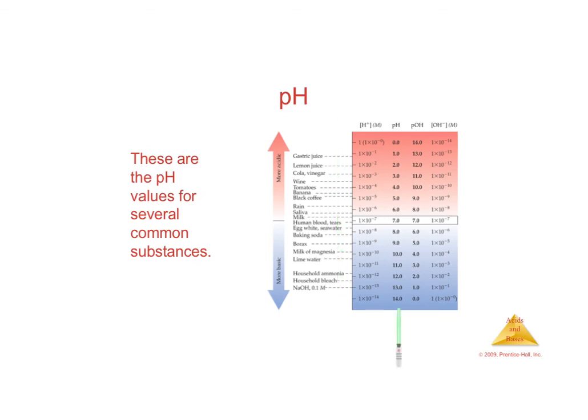And the relationship between pH and pOH, right? pH plus pOH equals 14. As pH goes down, pOH goes up. As pOH goes down, pH goes up, right? So they're working together. It's just, are we looking at the hydronium concentration or the hydroxide concentration.